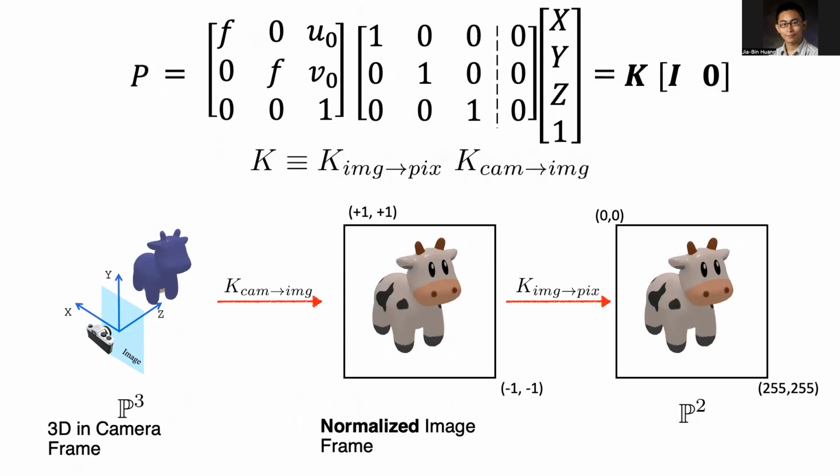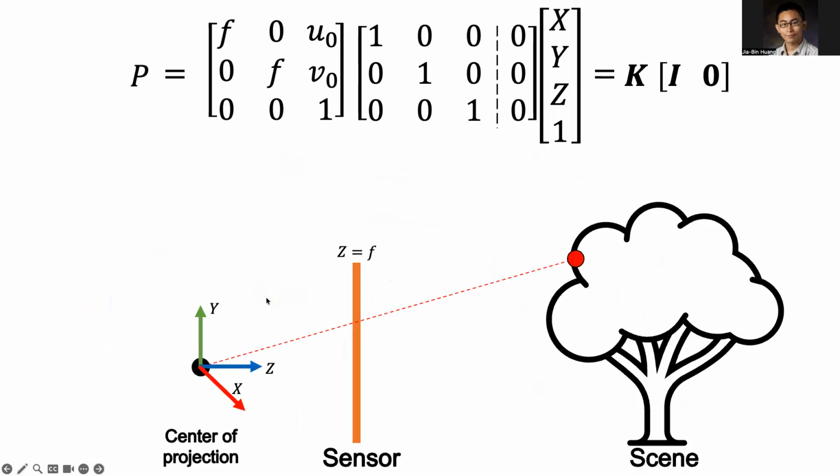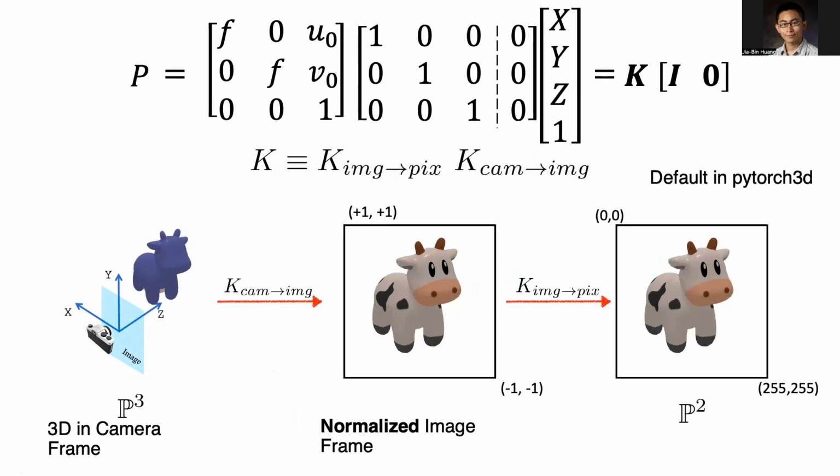If you describe it this way, it doesn't matter what the resolution of the image is. You remove that out of the equation. Maybe this is 256 by 256, but if you have a larger size, it only affects this part. So this camera to image mapping is still the same. Okay. This is done in a typical PyTorch3D or other 3D pipeline libraries.